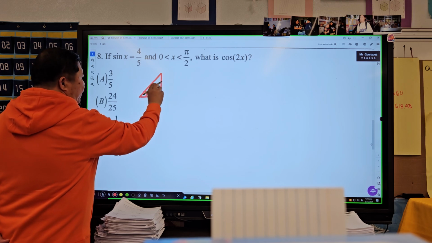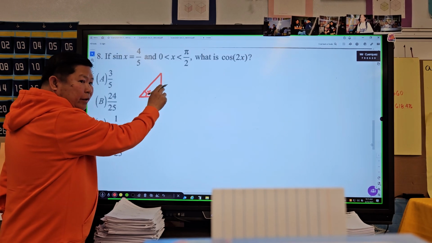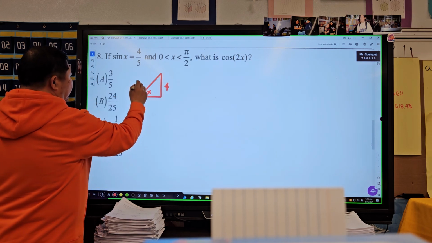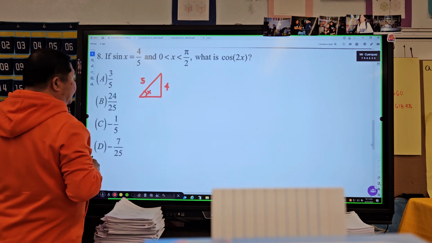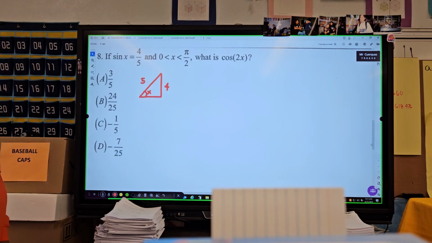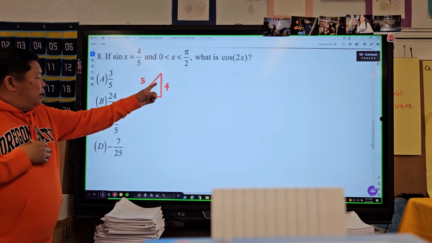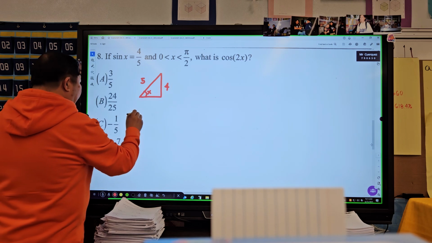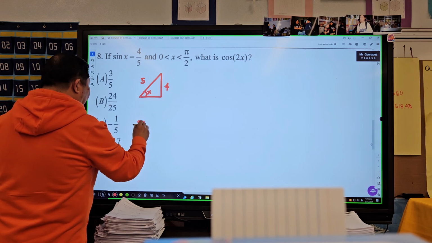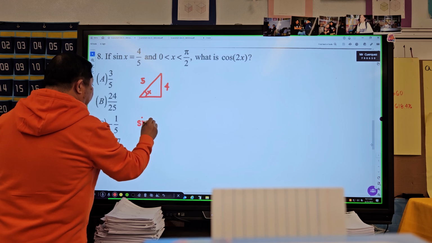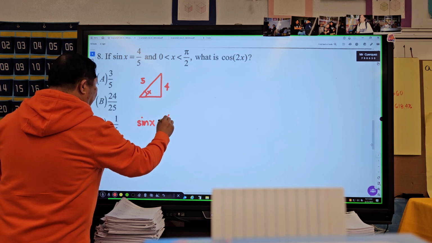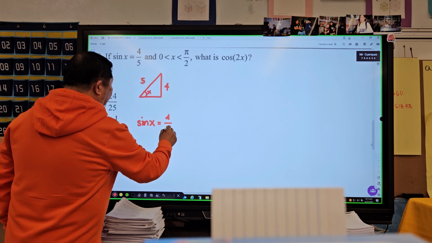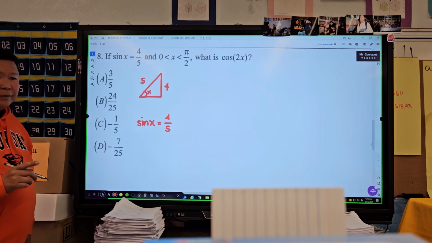The opposite side of the angle is this side, so this is 4. And of course, the hypotenuse is 5. Sine is opposite over hypotenuse, so I'll write first sine x is equal to the opposite side, 4 over 5. You get me, guys?